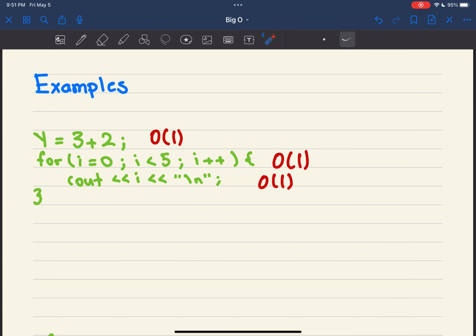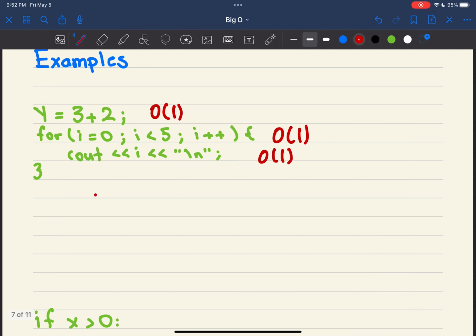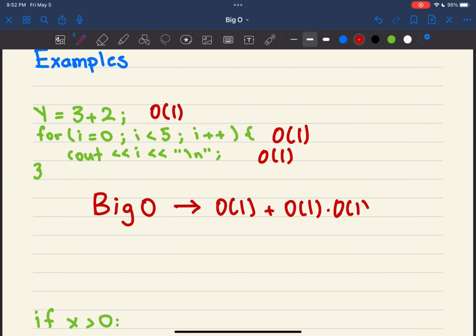So not always would a for loop have a linear time. If it's running up until a constant, then the big O of the for loop is also constant, since it is not affected by the input size. And the big O of this program would be O of 1 plus O of 1 times O of 1, which is just O of 1.